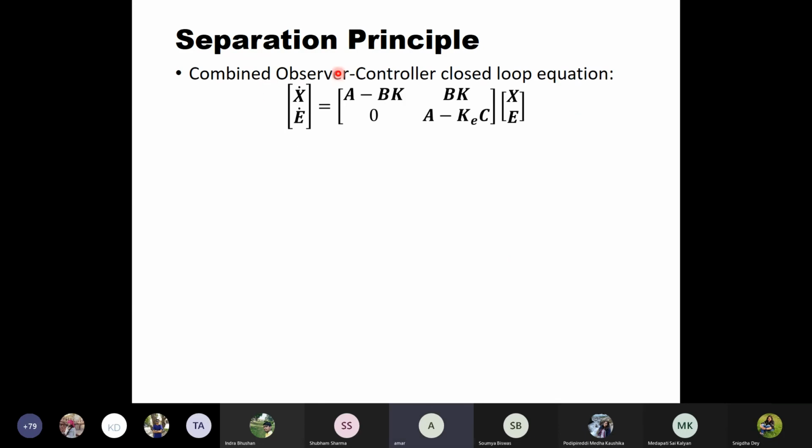So the combined observer-controller closed loop equations will be x dot, e dot equal to the matrix with elements A minus BK, BK, 0, A minus KeC, times x, e. This is basically the closed loop system equations, which are the state equations and the error equations.